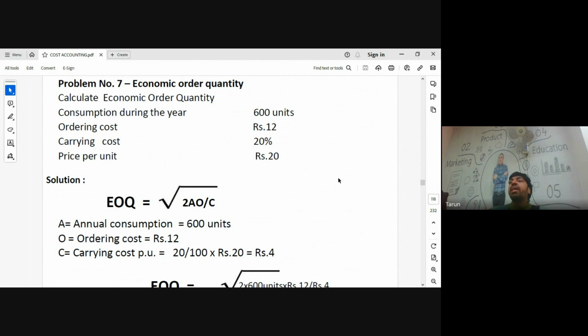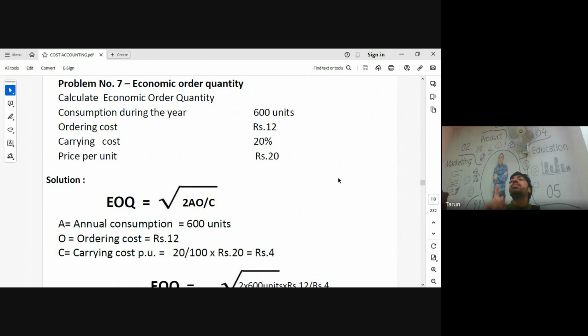The cost of the materials, the price of the material per unit, is given as 20. The carrying cost could be given as 20, 30, but it is not mentioned that way here. It's mentioned as 20%. So it is well understood that it is 20% of the cost of the raw material, and the price of the raw material is 20 rupees.